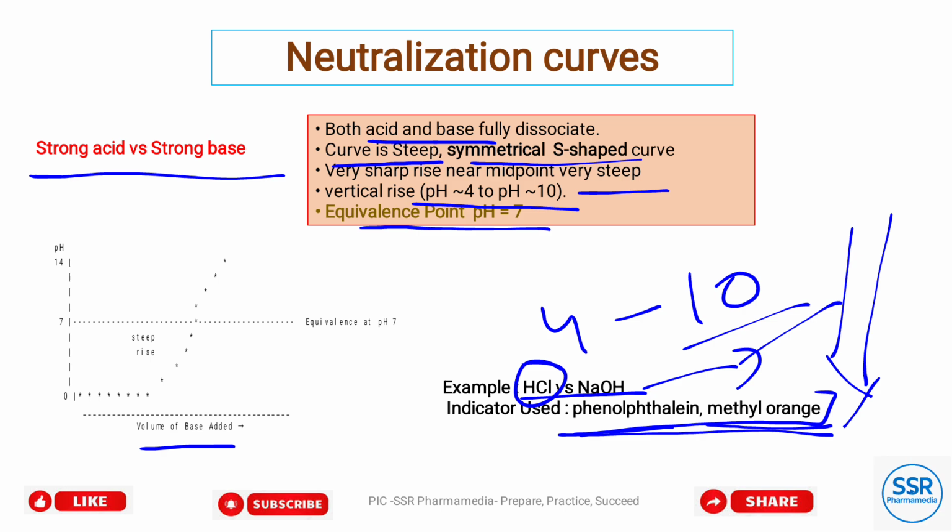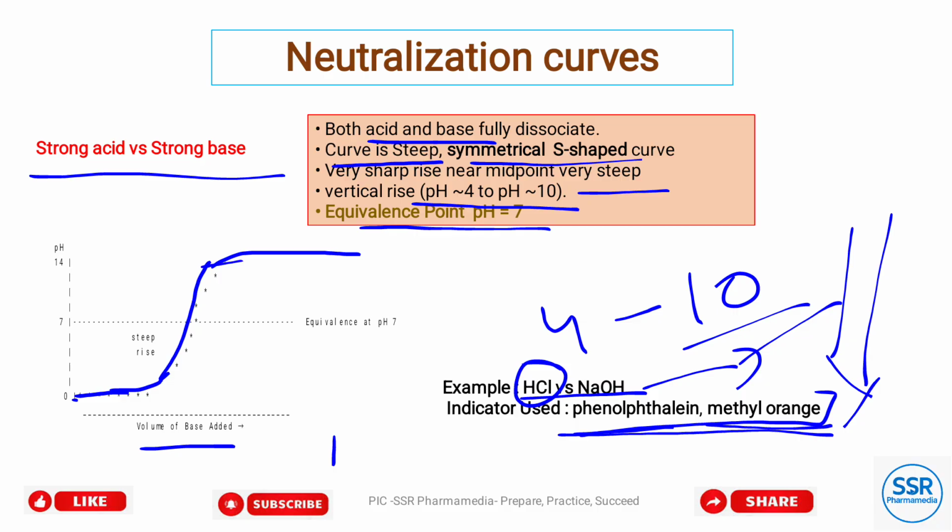After adding 1 ml, we record the change in pH. Initially the HCl is in the conical flask, so the pH starts from about 0, and when we add NaOH, it increases slightly with each addition. Near the end point, suddenly the curve steepens and then goes flat again.